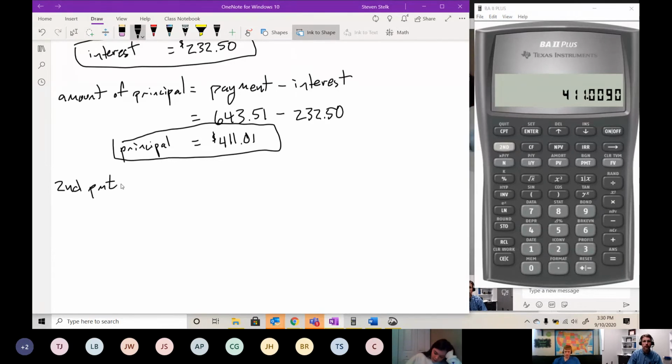All right, well, we'd go through the same process, but the amount of interest is going to change on the second payment because it's the loan balance times the periodic effective rate. Well, our loan balance changed. It was $31,000, but we repaid $411.01 of that.